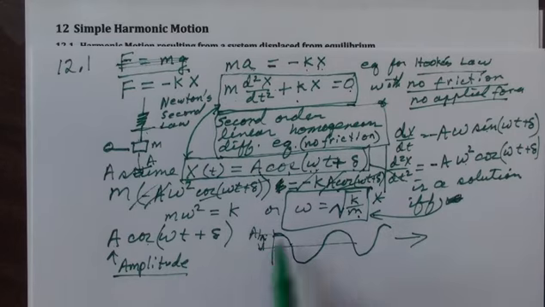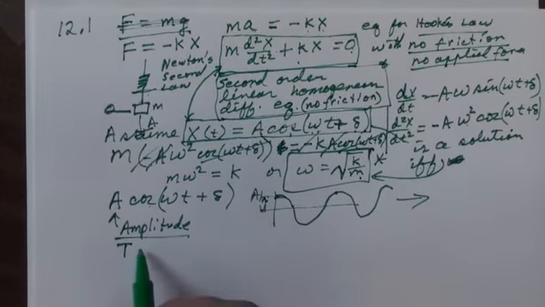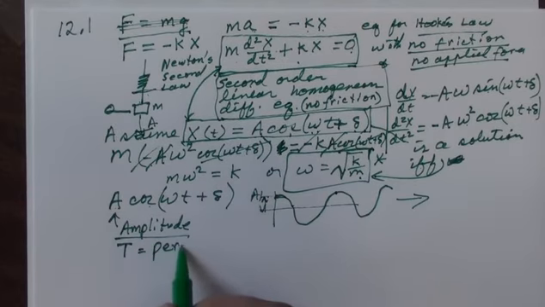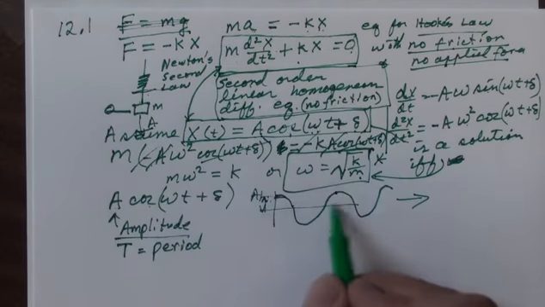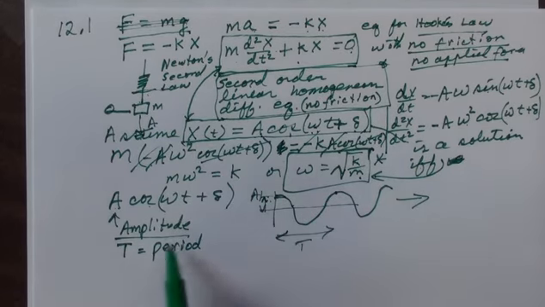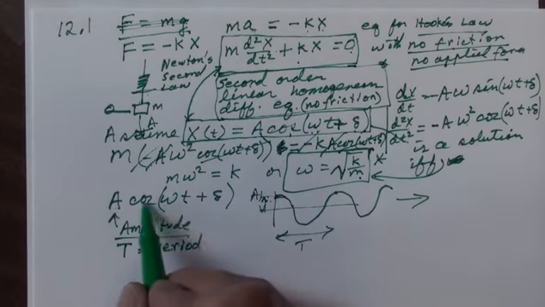Well, how long does it take to go through one of these cycles? It takes an amount of time, capital T, where T is equal to the period. So if I think about going through one complete oscillation, in an amount of time T, then what's going to happen?